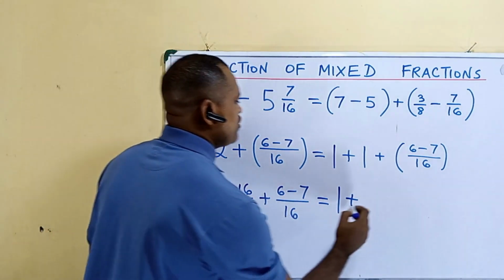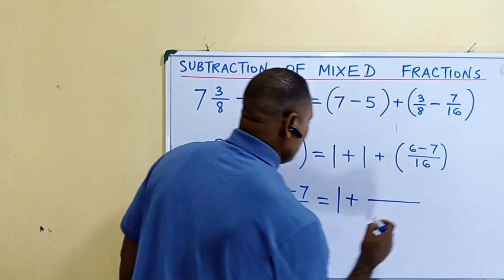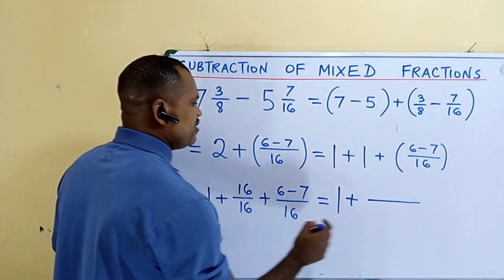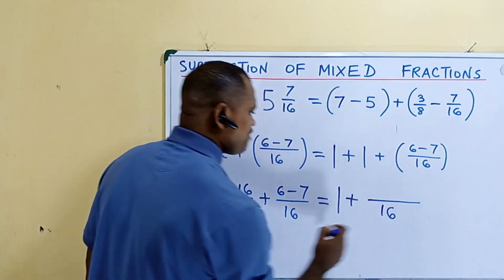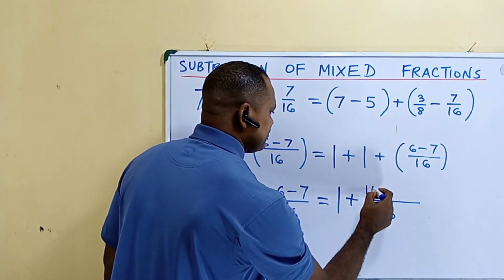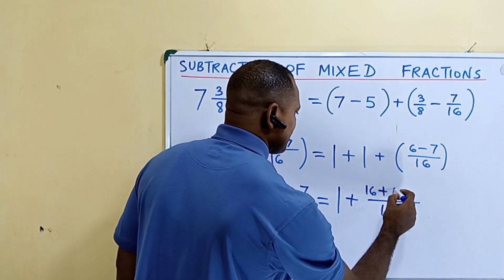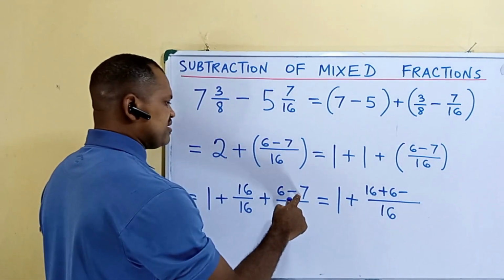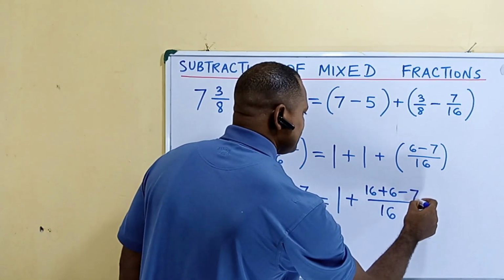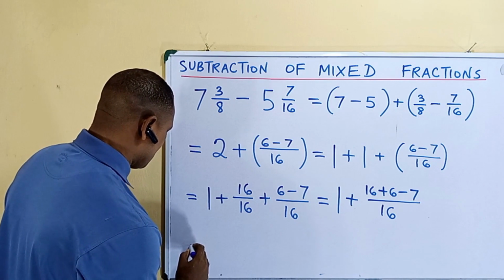So you write all of this now, you write all over. So that 16, 16, just write 16. This 16, this one at the top, write it there, plus this 6, minus this 7. Beautiful. So we're making progress.